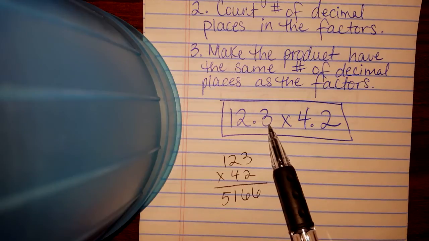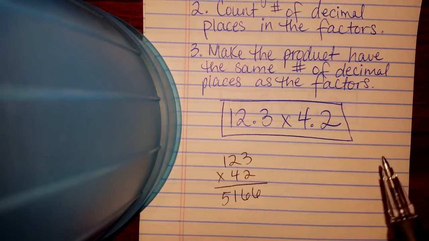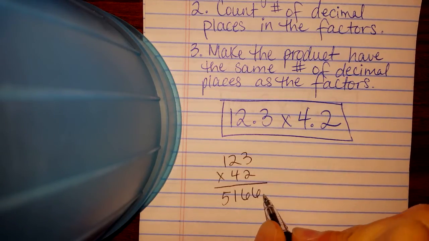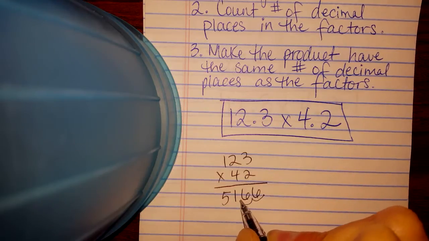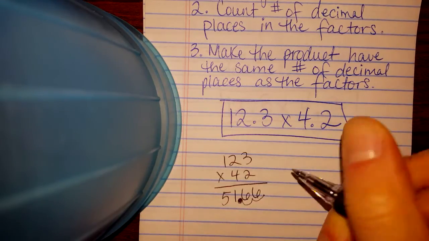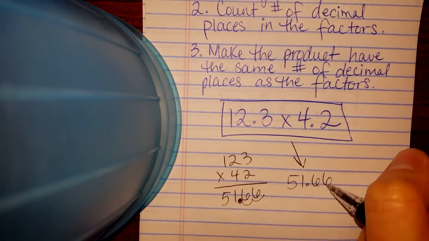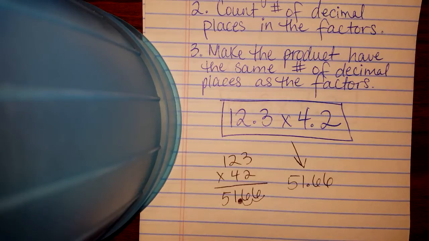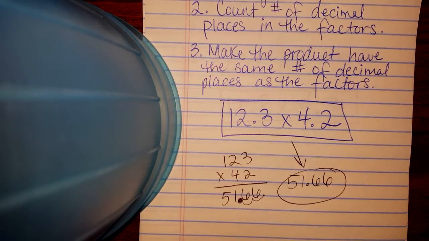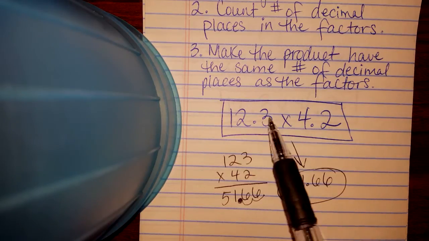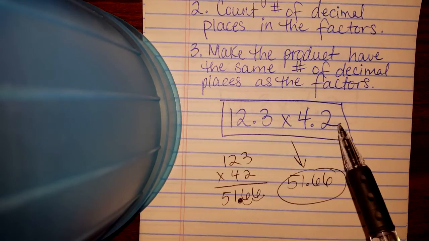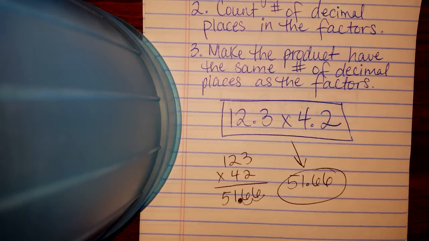This factor has 1 digit as a decimal. So 1, 2. I need to take the invisible decimal at the end that separates the ones from the tenths and move it 1, 2 back. So my answer to this is actually 51.66, or 51 and 66 hundredths. That way always works as long as you remember to multiply as whole numbers and then put the decimal back depending on how many digits in your factors have decimals.